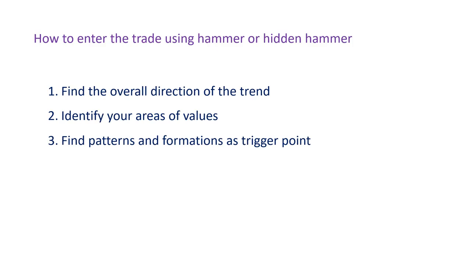For example, if you want to go long, then look for a hammer or hidden hammer like bullish engulfing, morning star, tweezer bottom, and so on. And if you blend these patterns with candlestick blending, for sure you will get a hammer, which is a sign of bullishness. Number four, go to one step lower time frame to find the precise location to enter the trade.